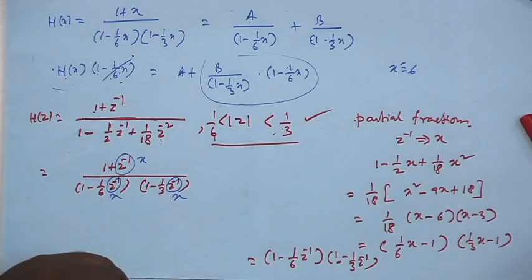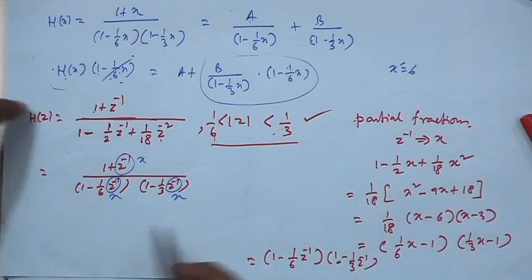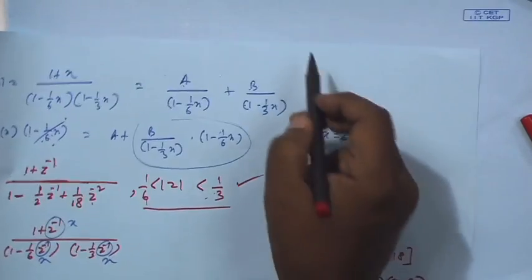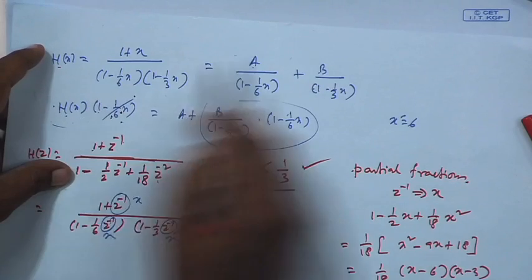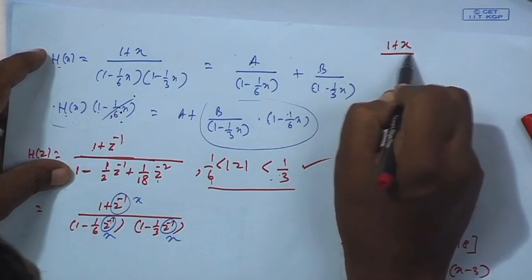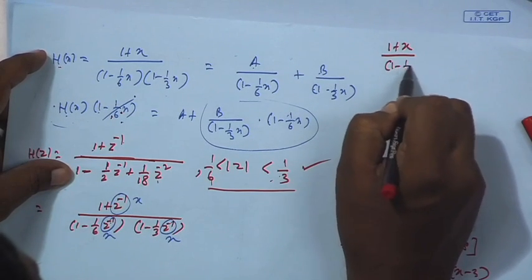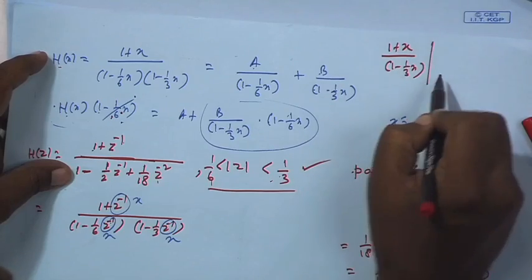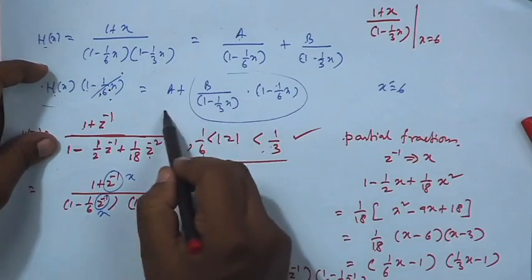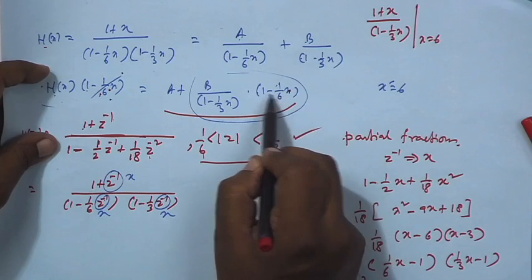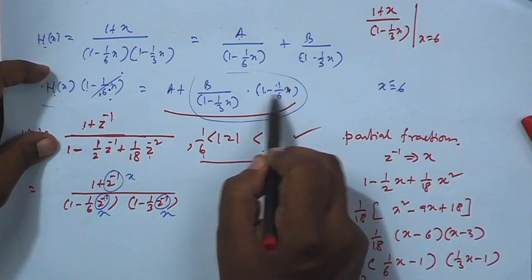What I will be left with is (1 plus x) by (1 minus 1/3 x), and here I replace x with 1/6, because on the right hand side I am replacing x with 1/6. Then 1 minus 1 is 0, this part goes, and I am left with a.